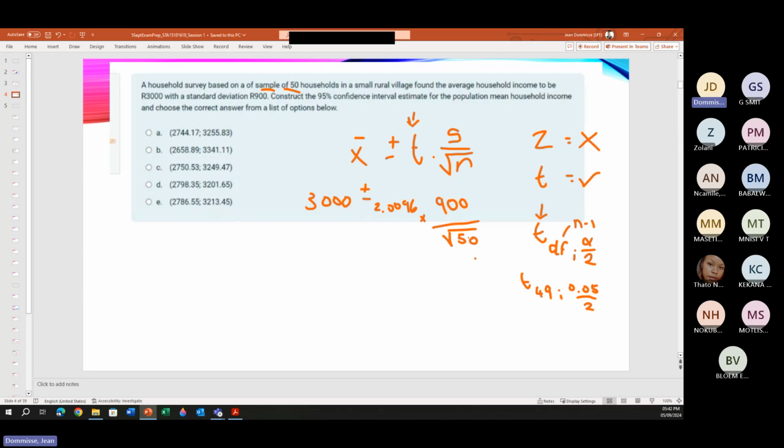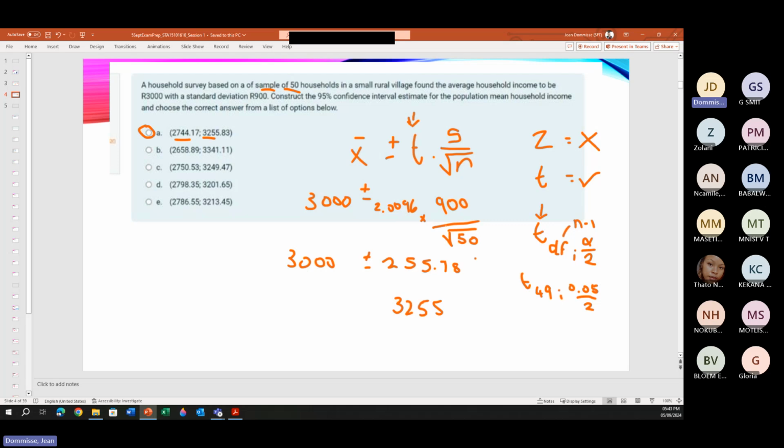I multiply that by 2.0096. I get that I will plus minus the 3000 by 255.78. So again, depending on how much you're rounding off, your top one will be 3255. If I look at options, there's 3255. So that would then be my answer.